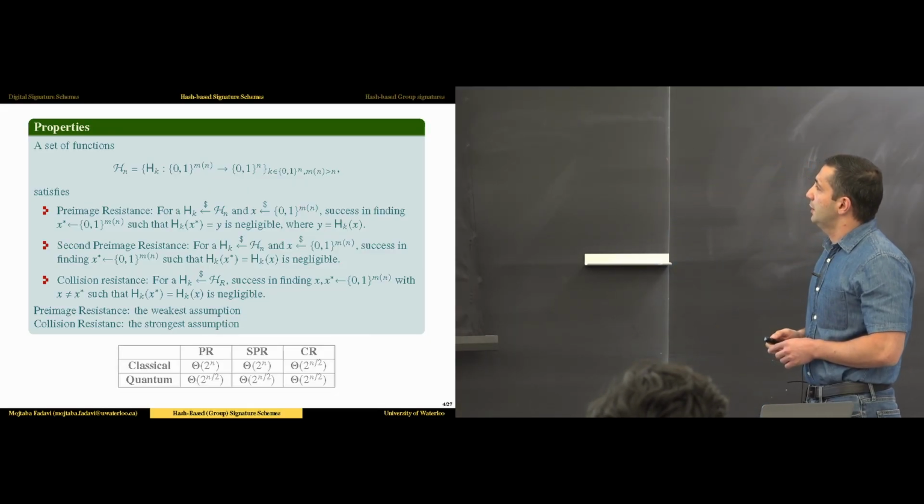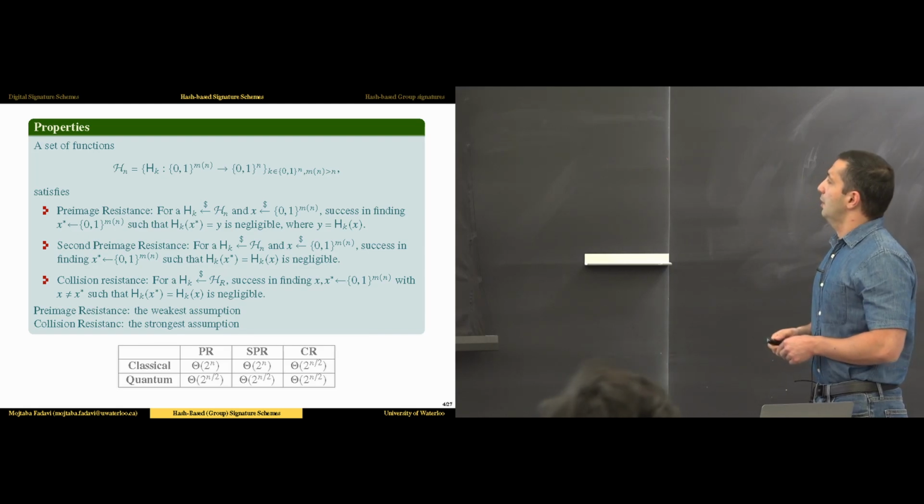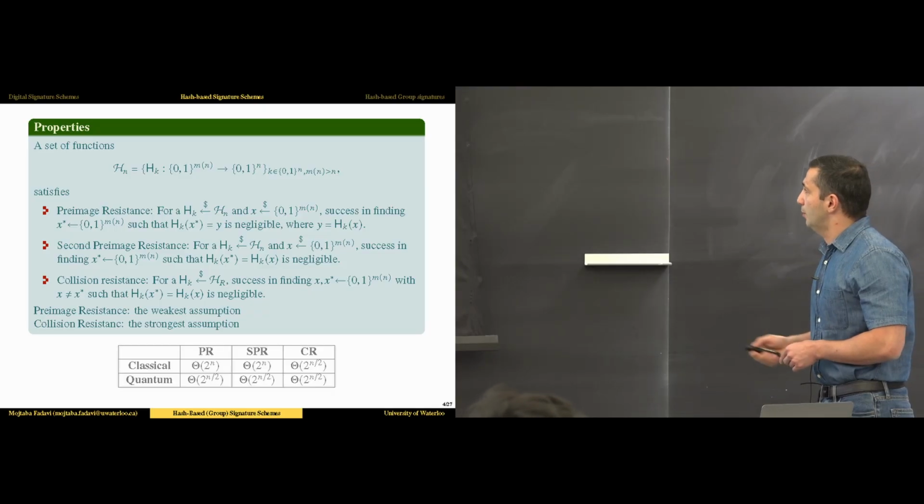The second property is second preimage resistance, that is for a randomly selected hash function and a randomly selected x from the domain.